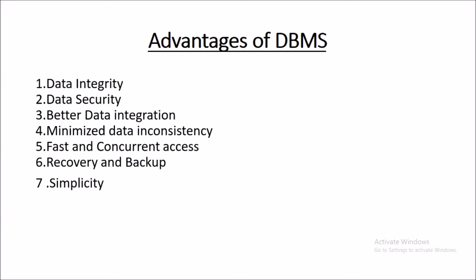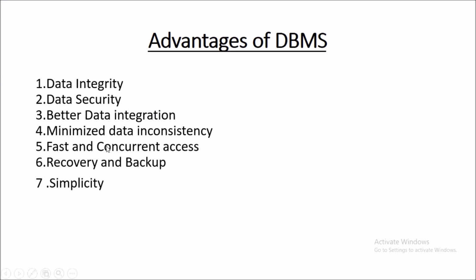So here, DBMS provides a better platform for data privacy. Now, next is better data integration. Due to the database management system, we have access to well-managed and synchronized data, making it easy to handle. It gives an integrated view of how a particular organization is working and keeps track of how one segment of the company affects another segment.